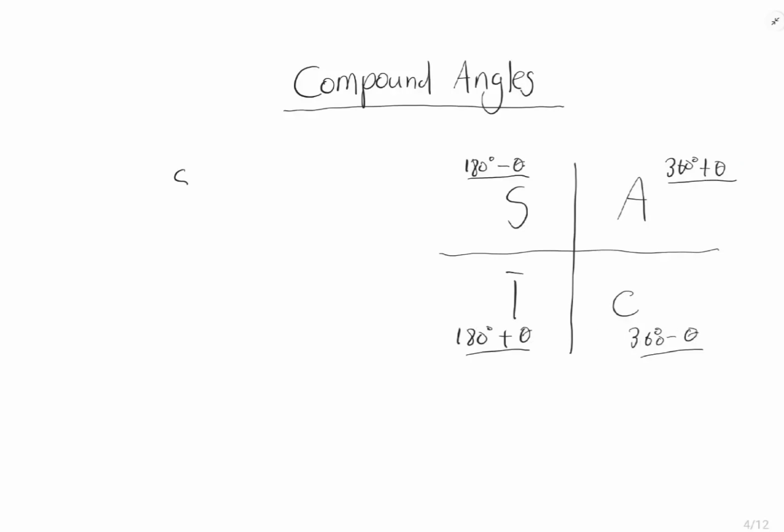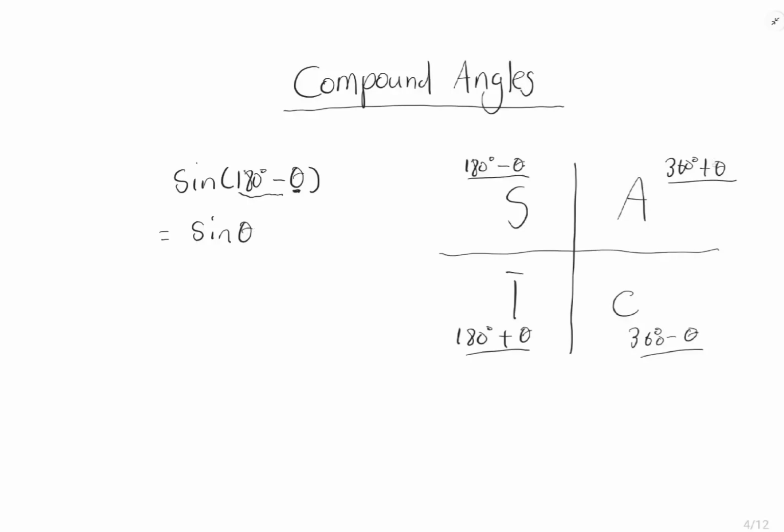So for instance, let's say sine of 180 degrees minus a particular angle. We know that the easiest way to solve it is by reduction, meaning that we get rid of the 180 minus and we're only left with this angle. So this would be sine of the angle, right?